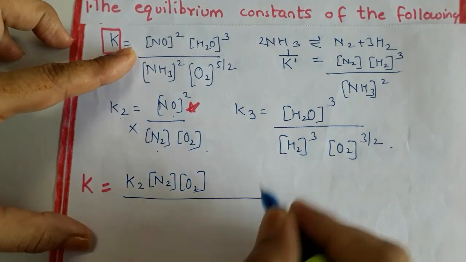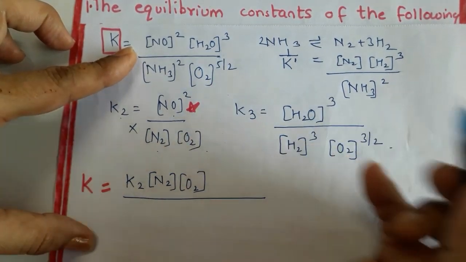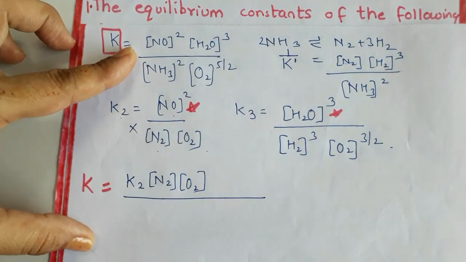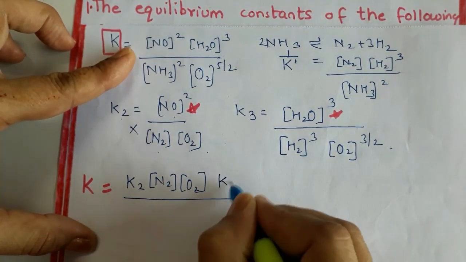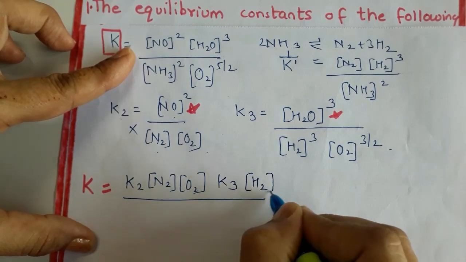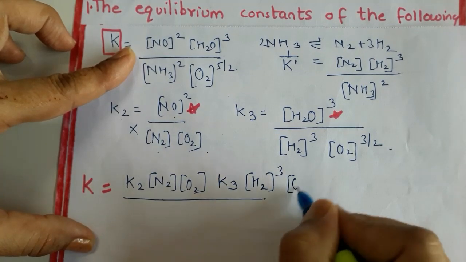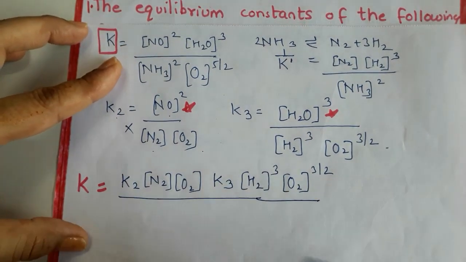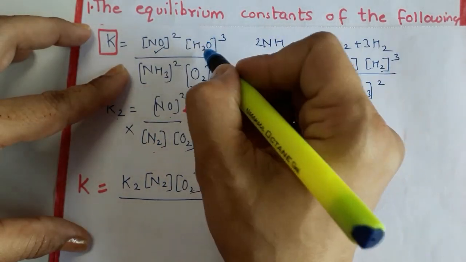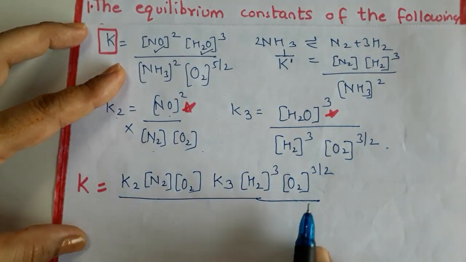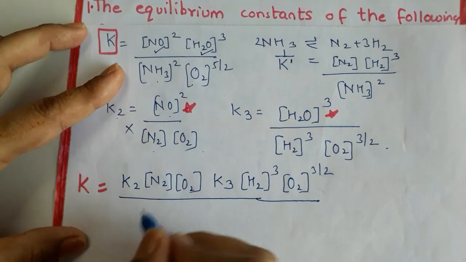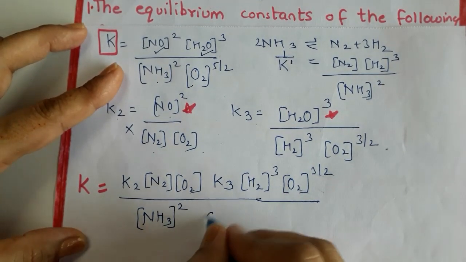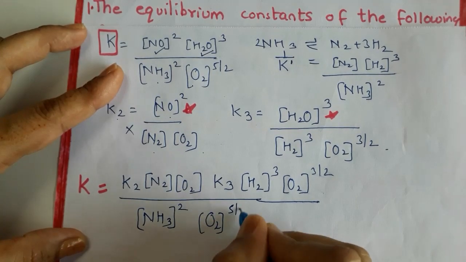Next is H2O cube, yes, here we have. So I write the value of H2O cube as K3 multiplied by H2 cube and O2 raised to 3 by 2. Fine. So I have substituted NO square and H2O cube also. Now I just note down the denominator, ammonia square and oxygen raised to 5 by 2.